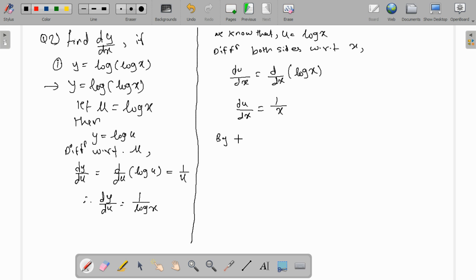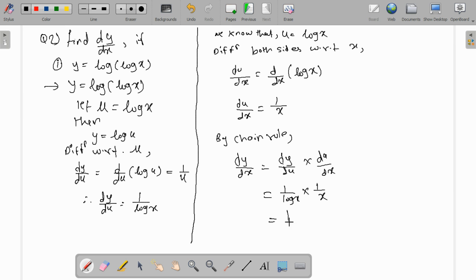By chain rule, dy by dx is equal to dy by du into du by dx. And the final answer is 1 upon log x into du by dx, which is 1 upon x.